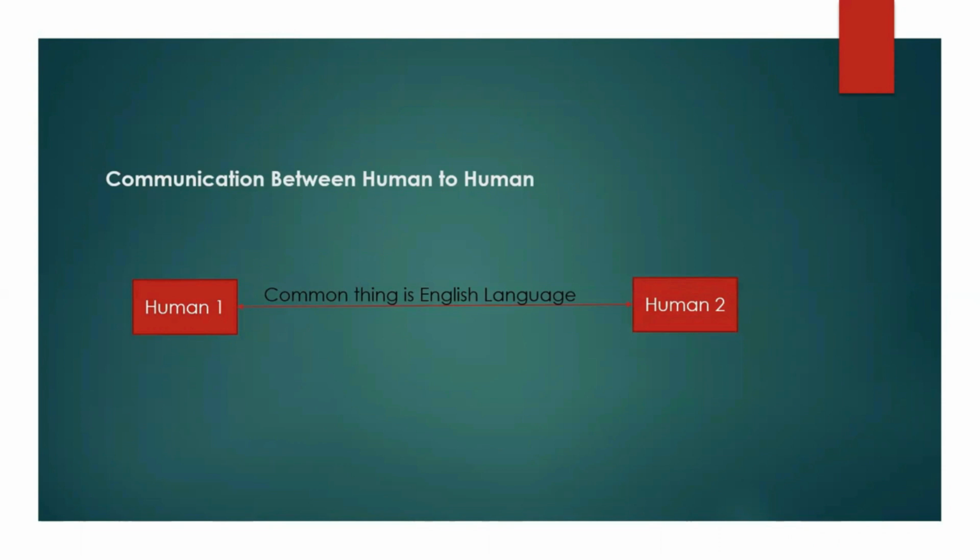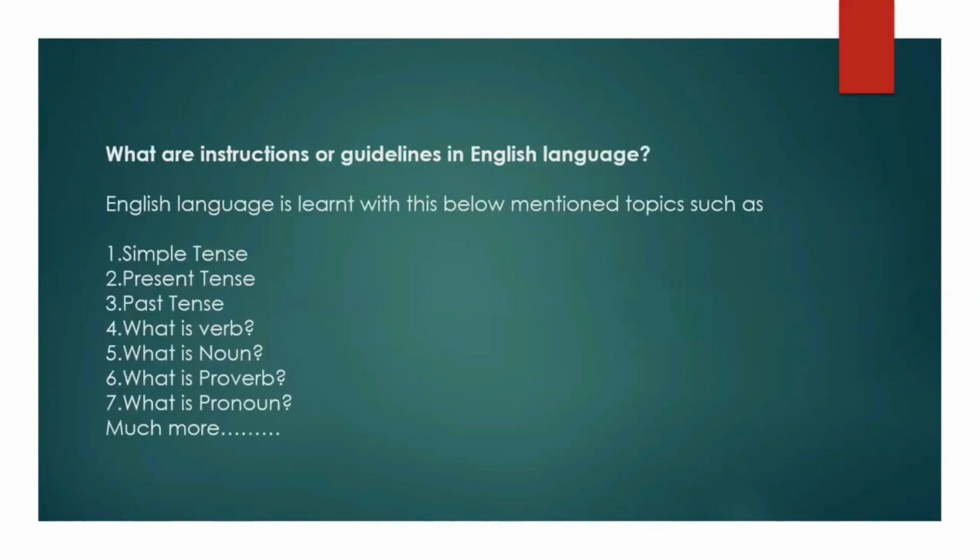This is the pictorial representation of how the communication between two persons, human 1 and human 2, happens. The common thing is the English language. Now, what are instructions or guidelines in the English language? English is learned with topics such as simple tense, present tense, past tense, what is verb, what is noun, what is proverb, what is pronoun, and much more.